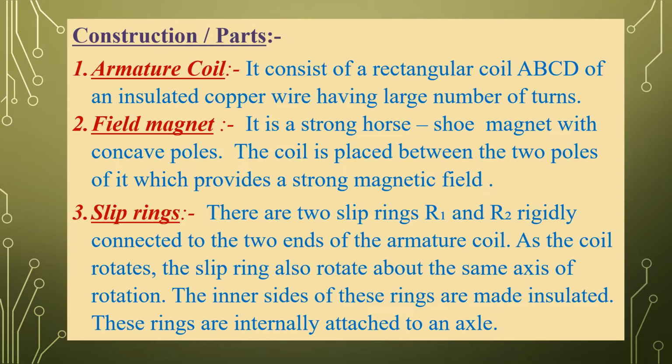As the coil rotates, the slip rings also rotate about the same axis of rotation. The inner sides of these rings are insulated. These rings are internally attached to an axle, and this axle we rotate with a mechanical force from outside. For that we use wind energy, hydro energy, etc.